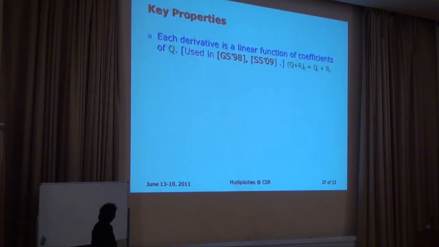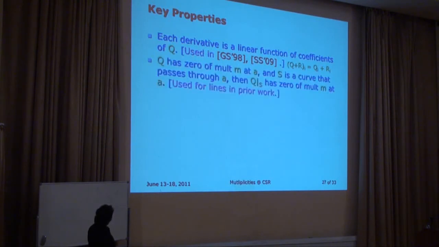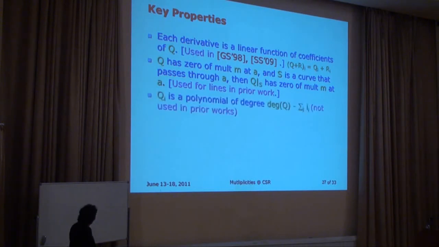The important thing that you want to use about it is the fact that the derivatives are linear functions, and this is something that we already used in the Reed-Solomon list decoding. If you have a 0 of multiplicity m at some point and you restrict this polynomial q to a line, then you still have a 0 of multiplicity m at that point. This is something again that was used already in the previous work. Now we might use it for other settings also.